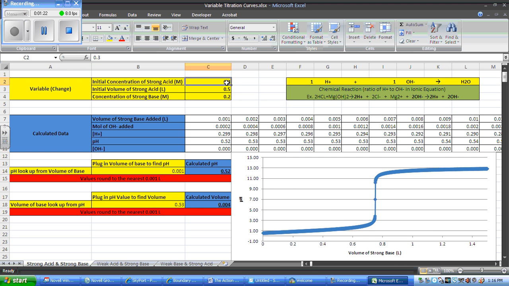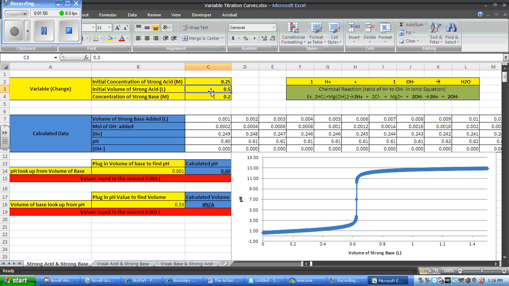So I can just type in any random stuff that I want, or if you have any specific data that you want to use it with, maybe if you're planning to do a titration and you just want to have an estimate of how long it would take to titrate it, you can type it in. For instance, if I want 0.25 molar of strong acid, so it could be like hydrochloric acid, and I have 0.5 liters.